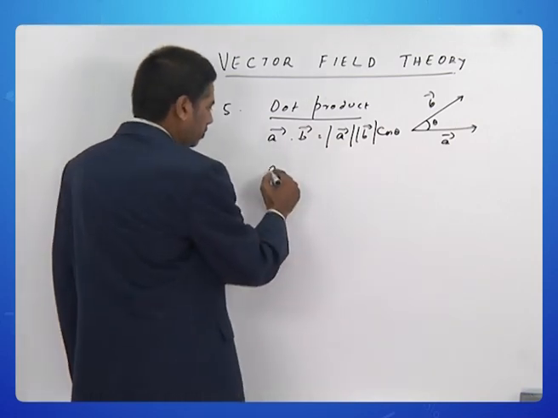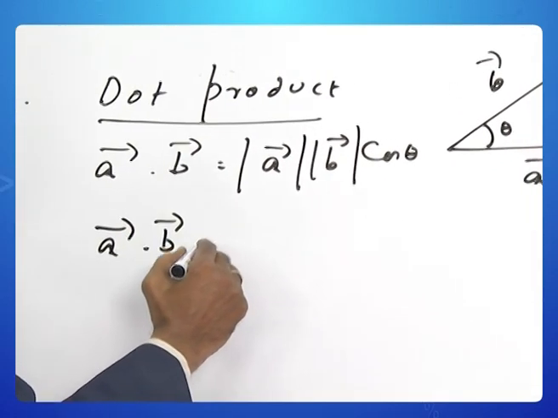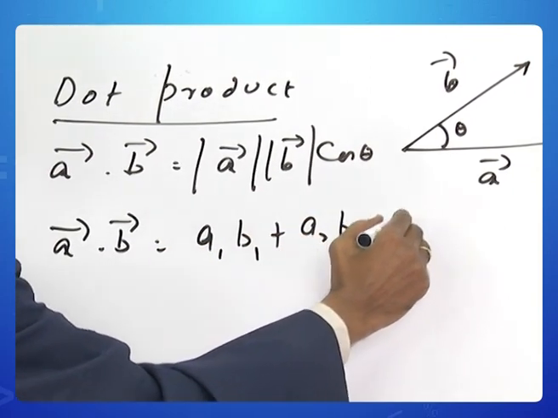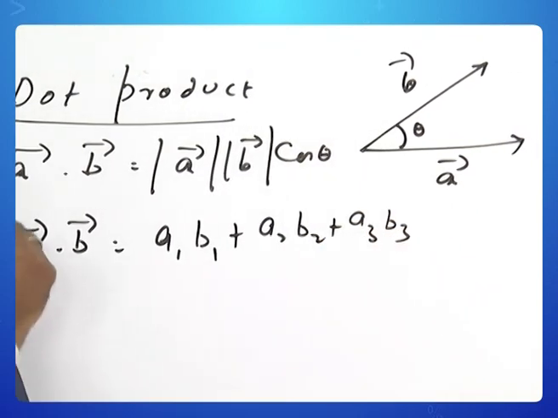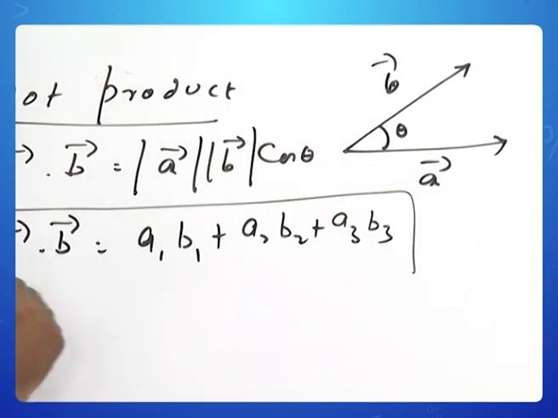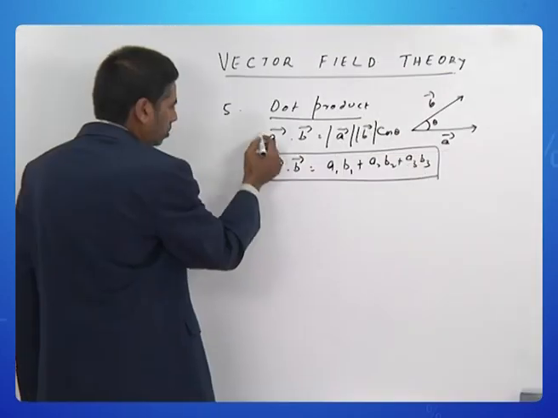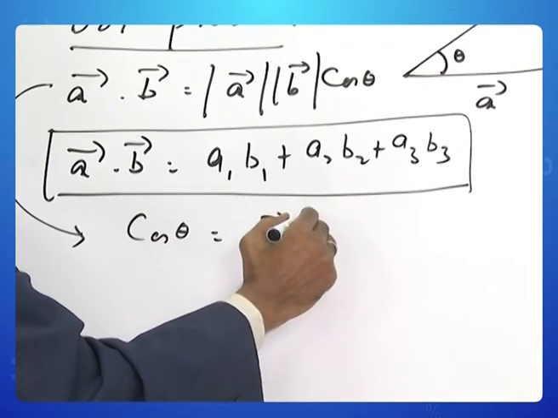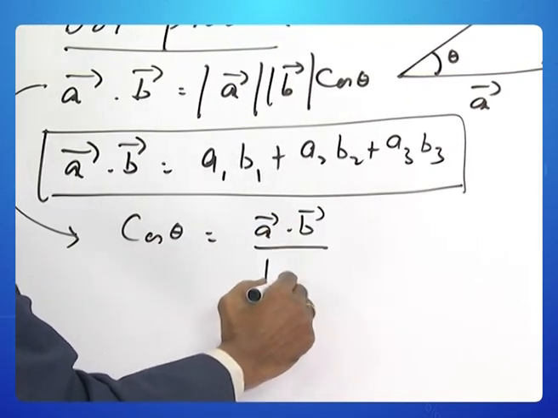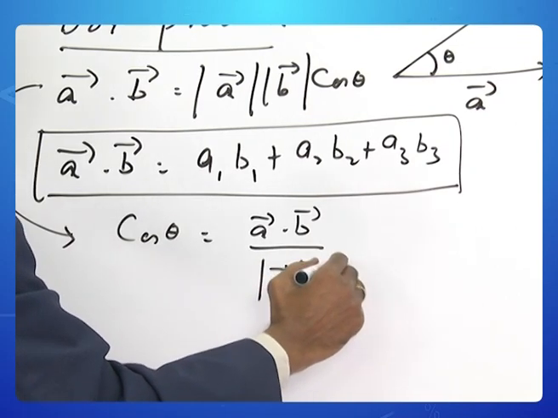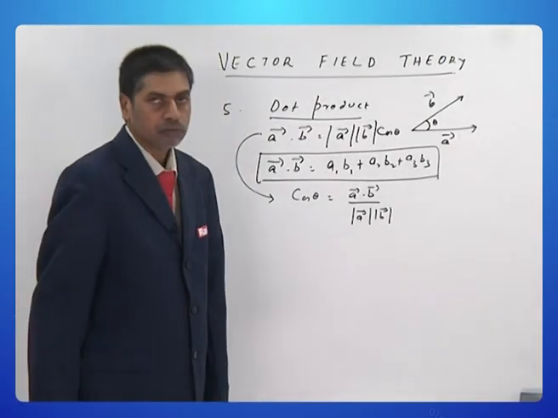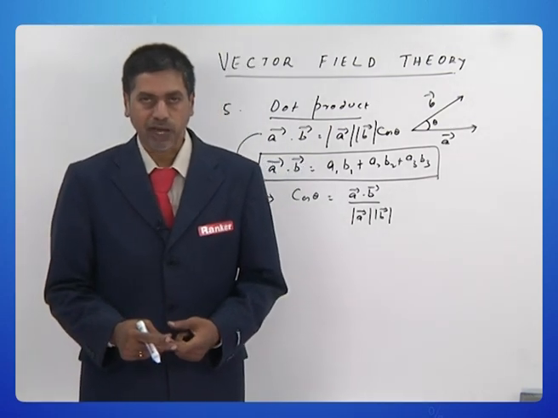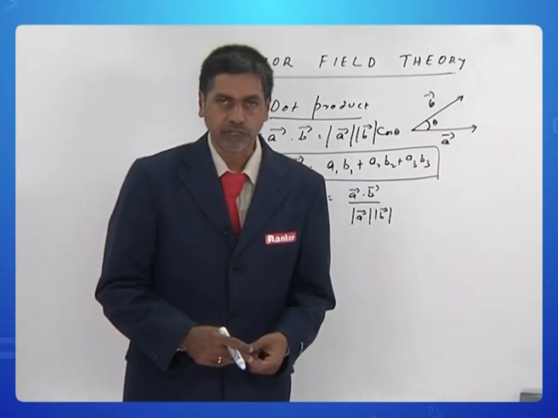And for Cartesian vectors, A dot B is nothing but a1 b1 plus a2 b2 plus a3 b3. This formula, as we discussed, can be used to find out the angle between the vectors. Of course, when we come to cross products, there is another way by which we can find the angle. But however, this is very, very convenient.